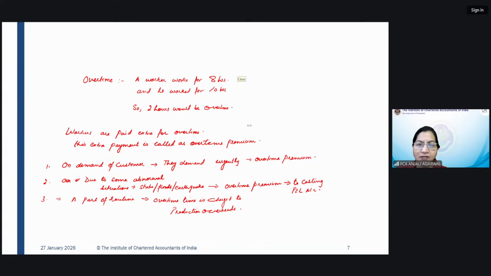But if it is a routine thing, a small amount of overtime, like generally workers are working 8 hours, and you are generally having an overtime of 9 hours, or maybe because in one particular department there was a shortage, whosoever caused the reason, that overhead would also be charged to that department. So this is the treatment of overtime.